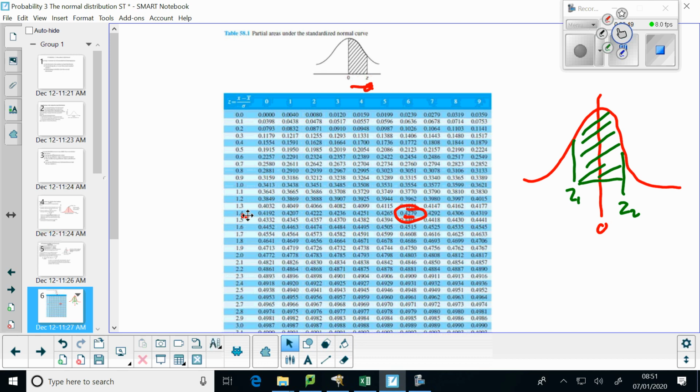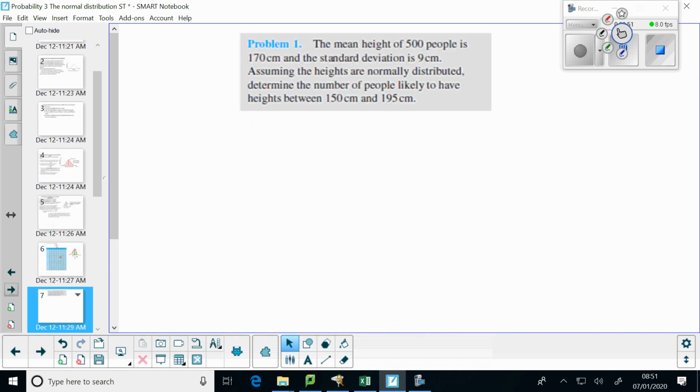So let's have a look at a problem. The mean height of 500 people is 170 centimeters. So X bar is 170 centimeters.